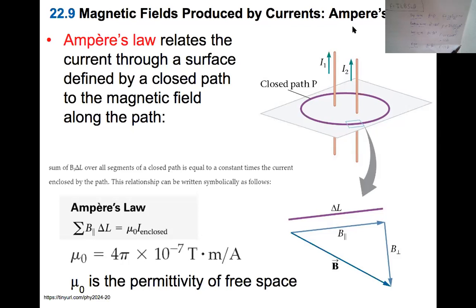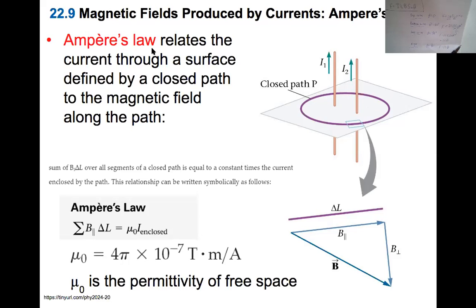In this case, say there are two wires carrying currents I1 and I2, so there will be a magnetic force produced by the two wires. To determine the magnetic field, we use a law called Ampere's law.